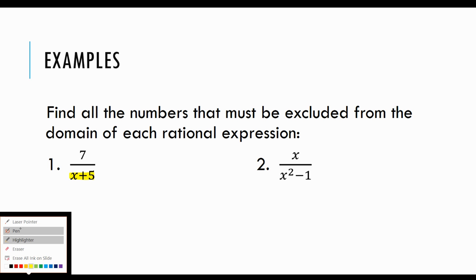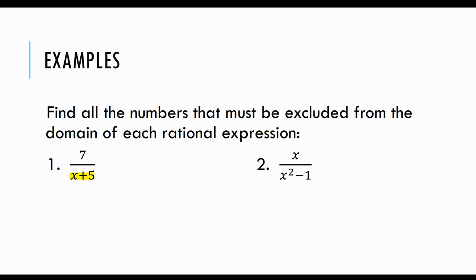This denominator does not need to be factored, but my excluded value is going to be me taking that denominator, setting it equal to 0, and determining what x value makes the denominator 0. In this case, all I have to do is subtract 5 from both sides, and so we get x equals -5. So x cannot equal -5 in order for everything else to be in my domain.